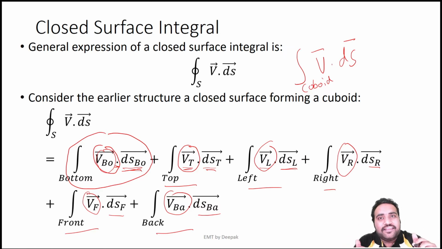That means we are trying to determine how much of the vector field would be flowing away from the volume. So the technical term for this is net outward flow from a body. So a closed surface integral gives us net outward flow from a body.